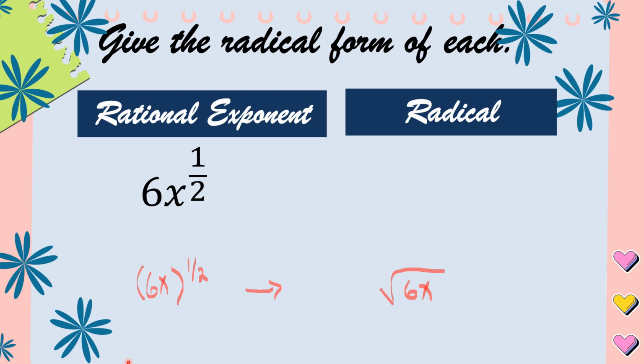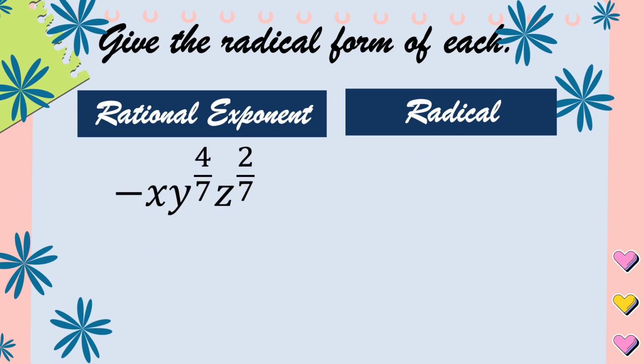So take note that in the given, the exponent of 6 here is understood to be 1, and that is a whole number and not a fraction. So we can write that as 6 square root of x. Only x is raised to a rational exponent. So therefore, only x can be written inside a radical symbol. So 6x raised to 1/2 is 6 square root of x, while the quantity 6x raised to 1/2 is the square root of 6x. Is this understood?